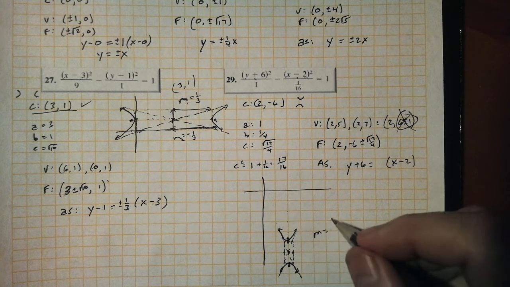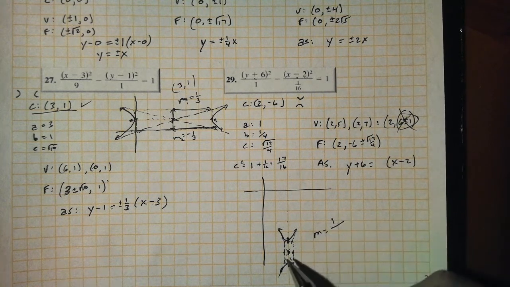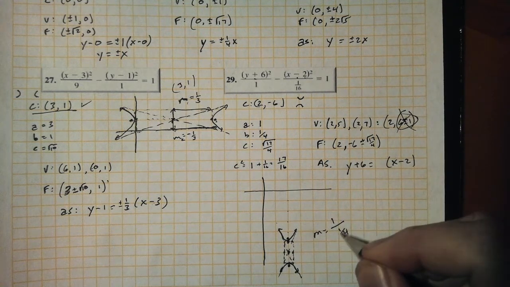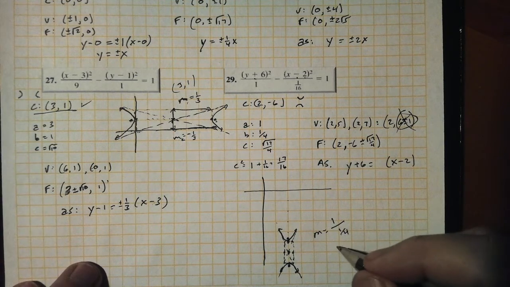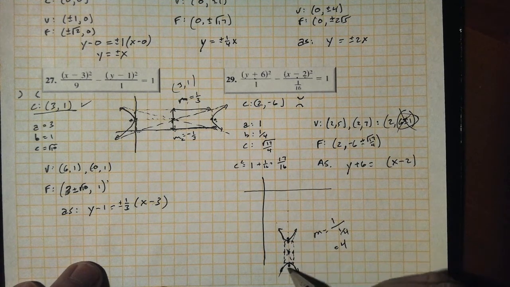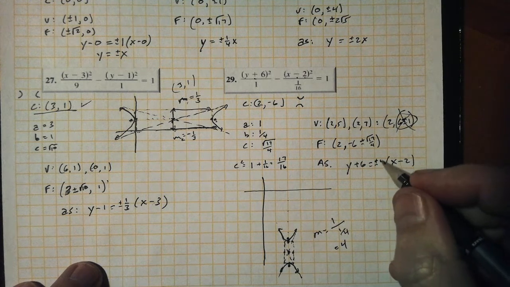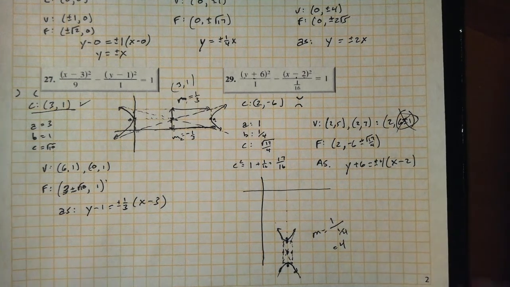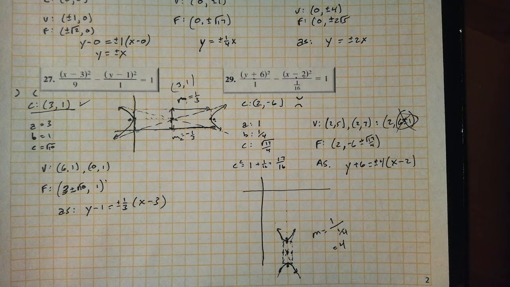We went up 1 and we went over 1/4, but that's 1 times 4, that is 4. So the slope is 4 and negative 4. And that tells the story. So there's a lot going on there. As you can guess, there's a little bit more going on the next page. Hope that helps. Let me know if I can explain it any further.